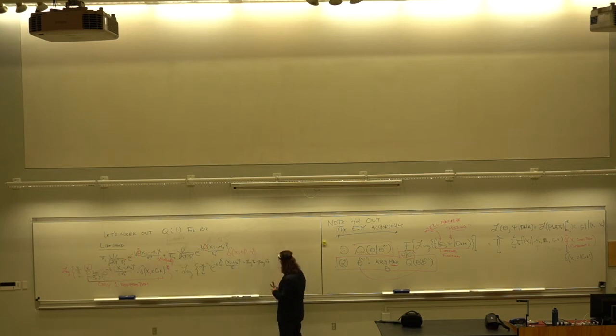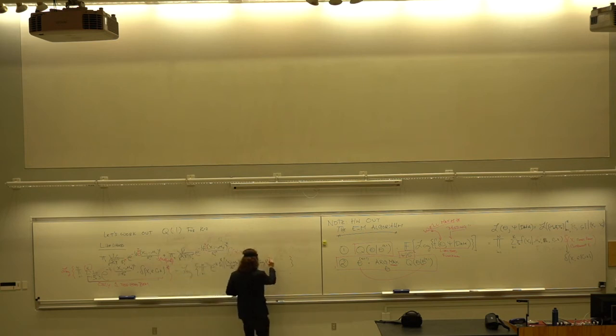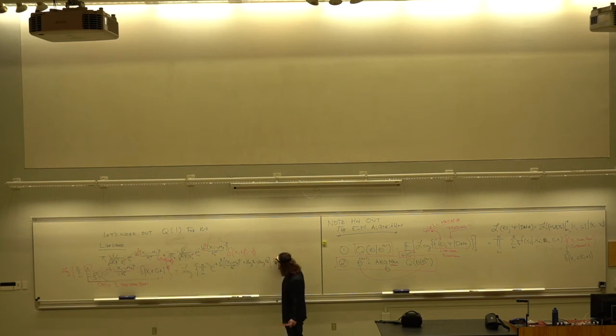Give myself just a touch more room. And I'm going to put my delta function right here. That xi is going to come from component k.